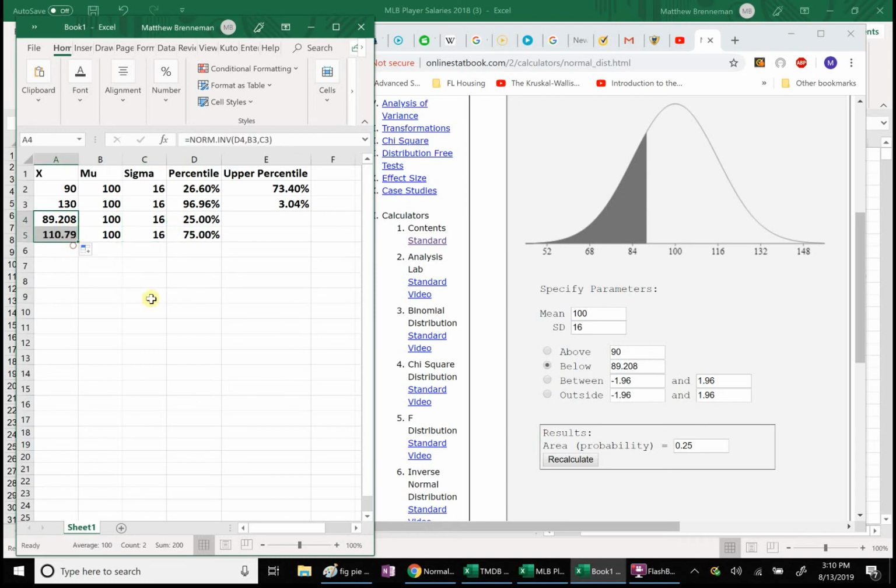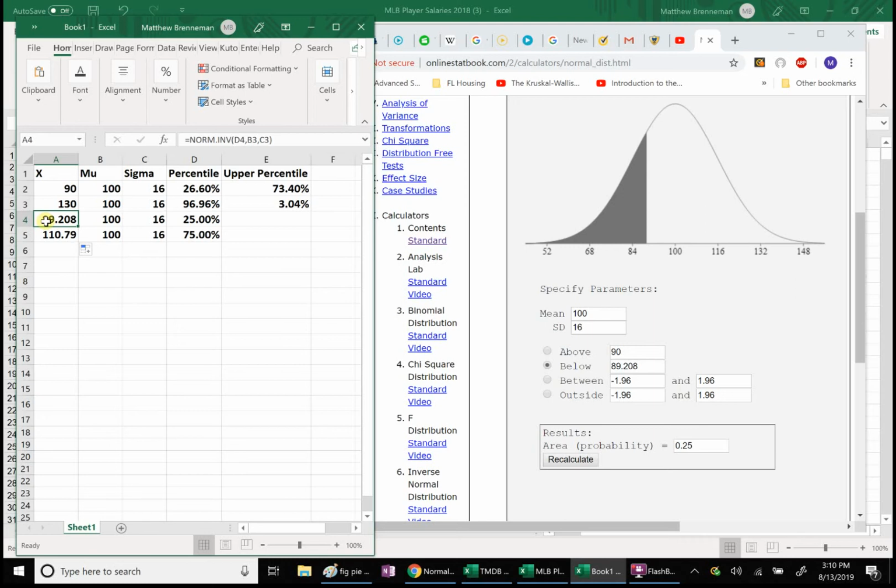And I repeat this calculation, I'll find out it's 110.7. And these values, if you sit down and look at this carefully and draw this out, you'll find they're the same distance from the mean. And that makes sense. This has 25% in its upper tail. This has 25% in its lower tail. So these should be equidistant due to the symmetry of the normal distribution.